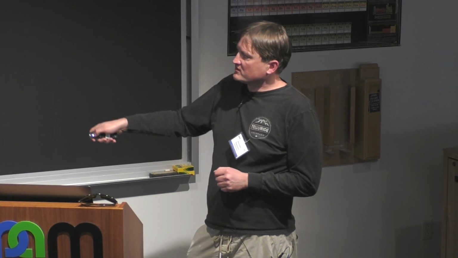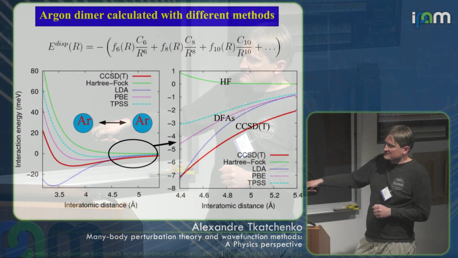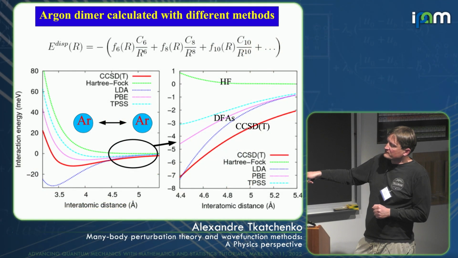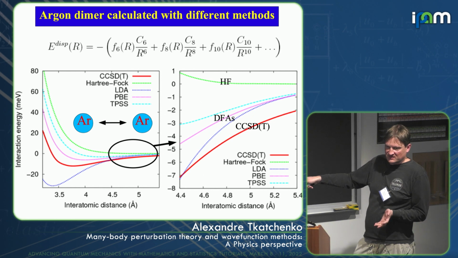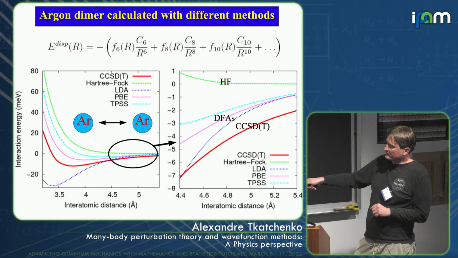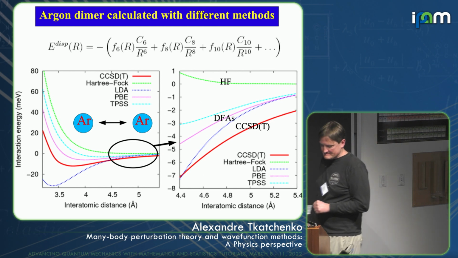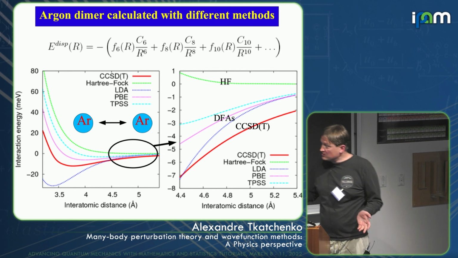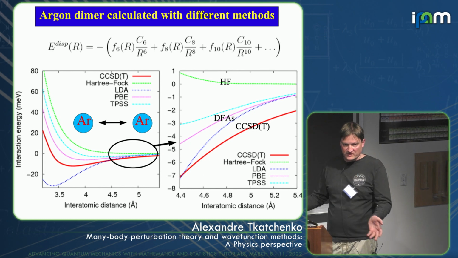And so this means that at a certain distance all those functionals will underbind with respect to the exact result, which should follow a power law, an algebraic behavior, instead of an exponential decay. This means that you can take any of those functionals and you can correct for this behavior.